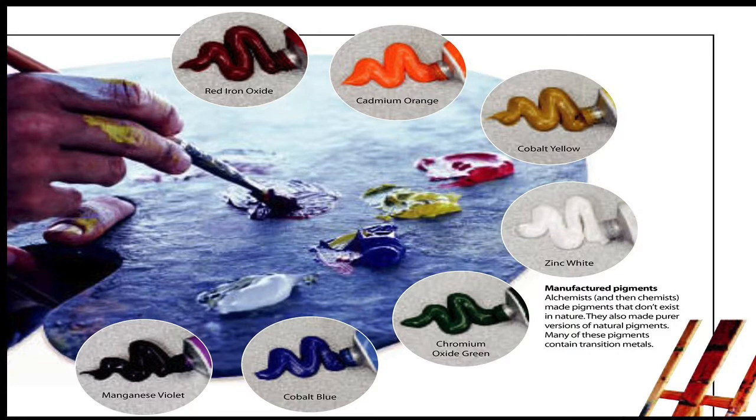They also made purer versions of natural pigments. Many of these pigments contain transition metals such as manganese, cobalt, chromium, zinc, cadmium, and iron. Those are all transition elements for the artist to use.